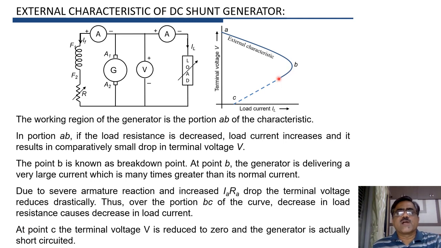Now if this continues, then at point C the terminal voltage reduces to 0, and this is equivalent to a short circuited generator. So at point C the generator actually gets short circuited and the terminal voltage reduces to 0.